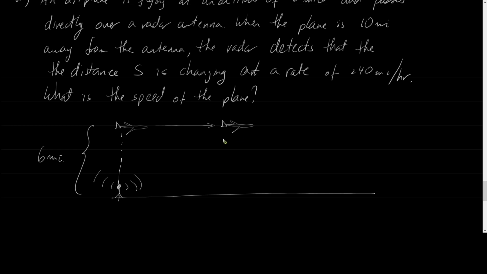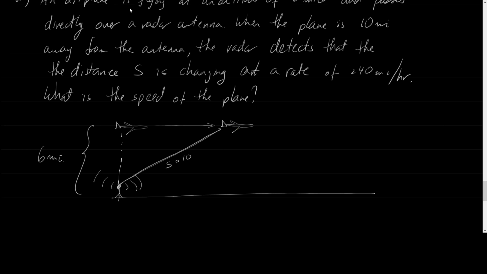So at some point, this plane is a distance s away from there, and it is exactly 10 miles away. So at this point, s is equal to 10, right? The question is, how fast is that plane going? Now notice that in general, this distance s is not fixed. As the plane keeps flying away that way, this distance s is going to get bigger and bigger and bigger, right?